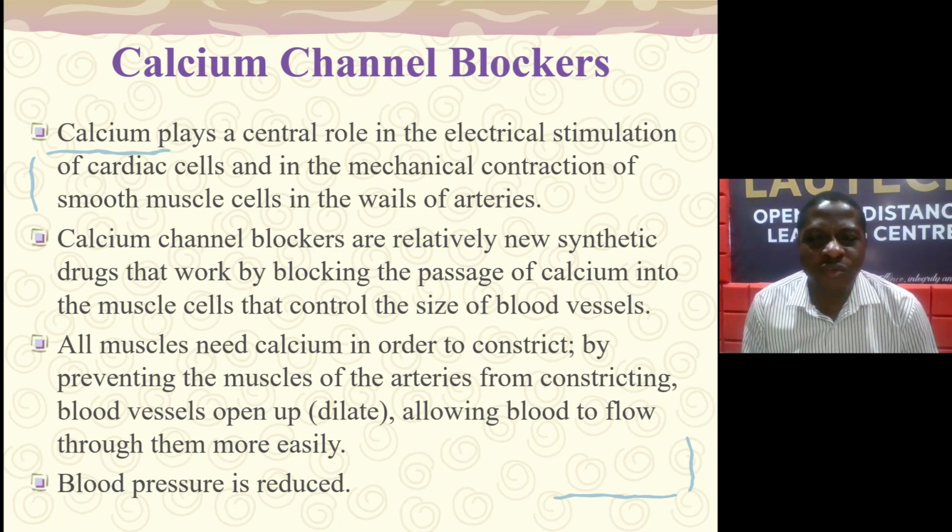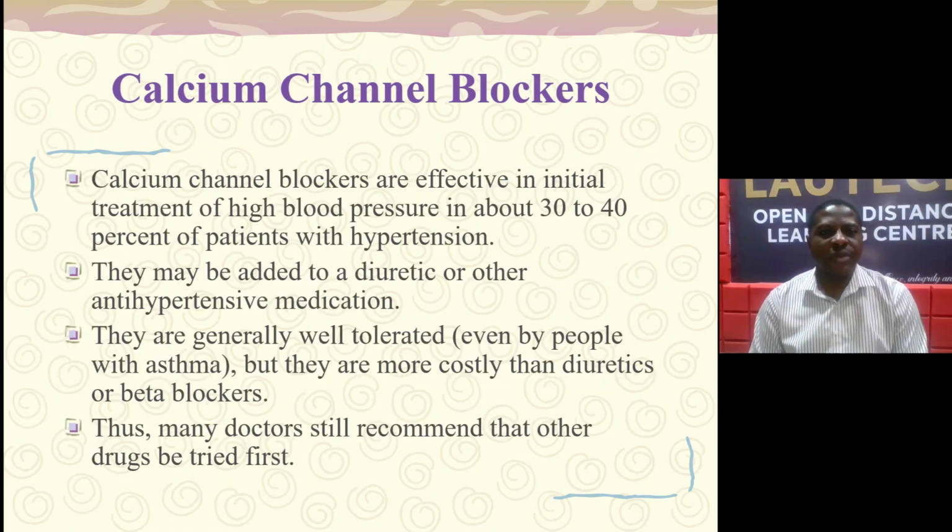By preventing the muscles of the arteries from constricting, blood vessels open up, they dilate, and allow blood to flow through them more easily. Blood pressure will be reduced when this happens in the body. Calcium channel blockers are effective in initial treatment of high blood pressure in about 30 to 40% of patients with hypertension.